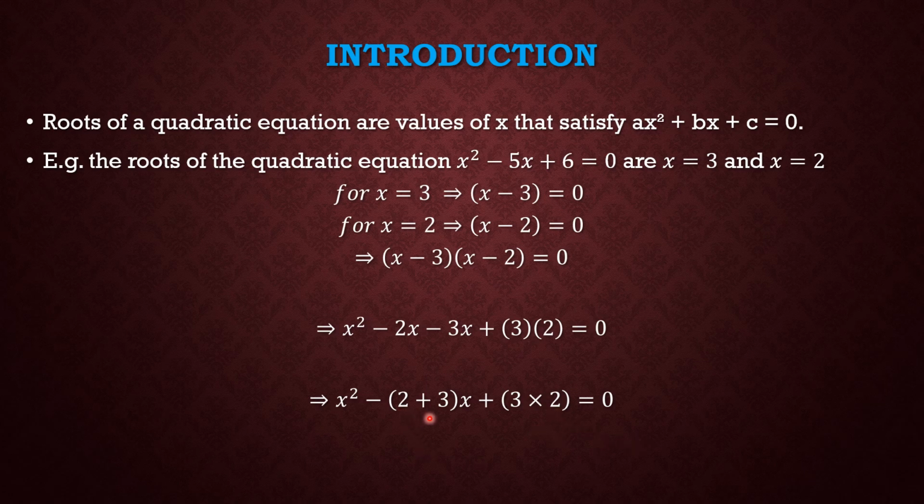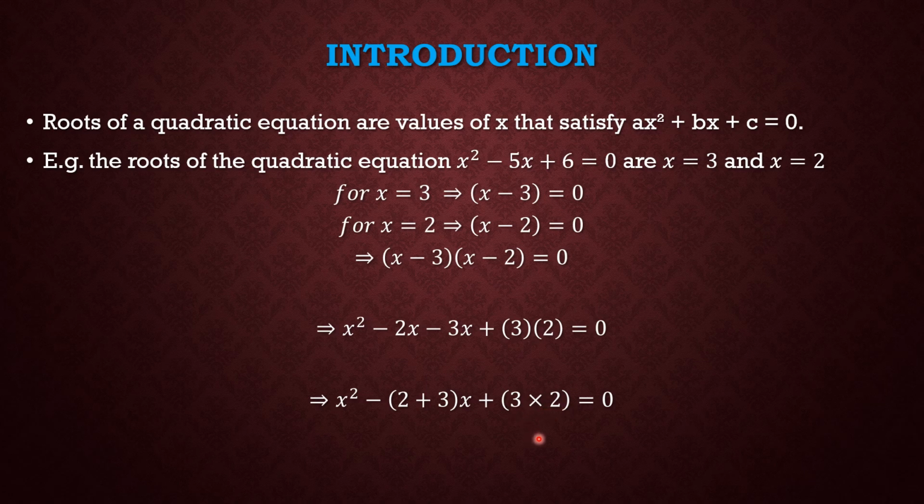So these 2 and 3 are the roots. So what are the roots doing here? And what are the roots doing here? What operation is combining these roots at this section? And what operation is combining these roots at this section? So it means that there is a sum between 2 and 3, and there's also a product between 2 and 3.